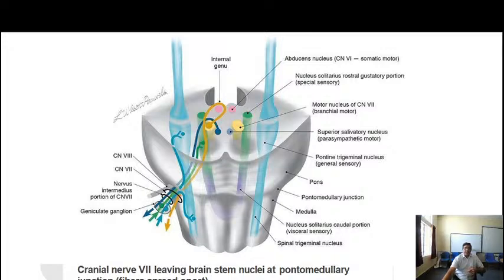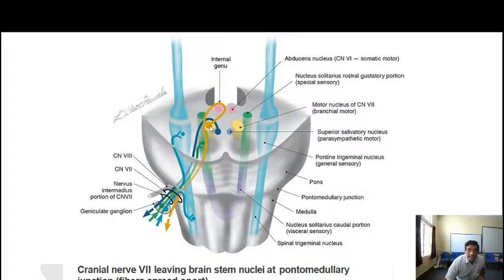Then it comes forwards and comes out to the pontomedullary junction, and then it progresses there and goes into the internal acoustic meatus. So that is the motor nerve, the nucleus.